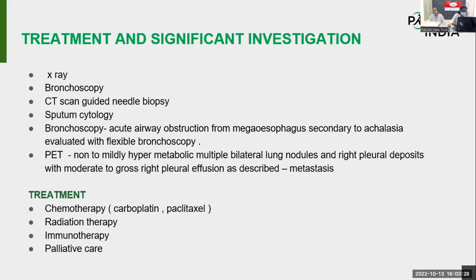See the PET scan: moderate to gross right pleural effusion, bilateral lung nodules and pleural deposits with pleural effusion. If you drain the pleural fluid, patients will usually get good benefit. They just completely get relieved for that night. That's very, very effective. Anything else?